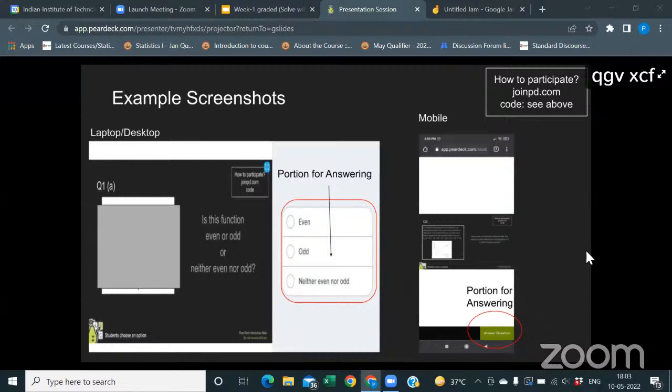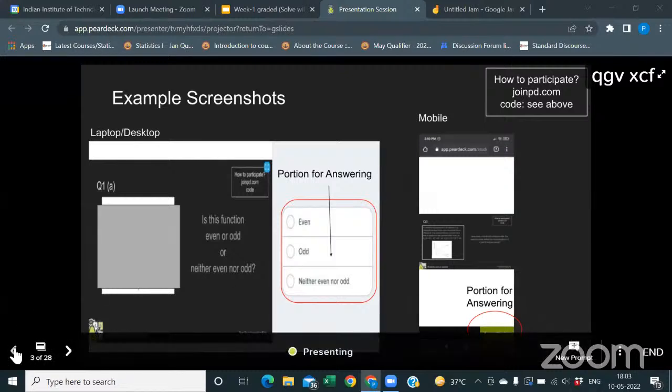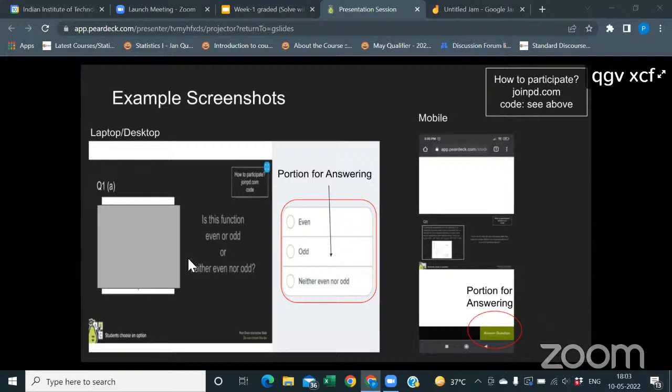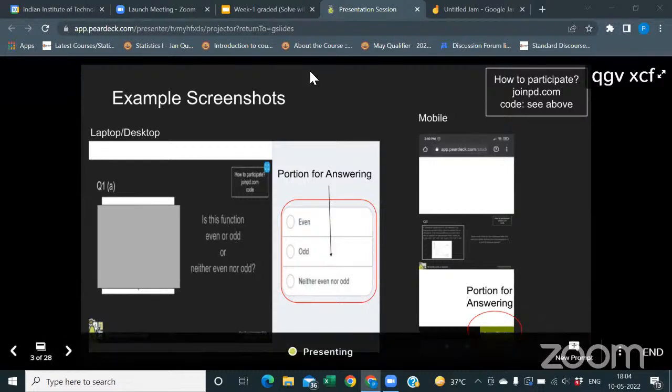It was written on the first slide, solve with the instructor graded. See, solve with instructor graded means this is the solve with us session. In this we have prepared the slides similar to the graded one. Whichever concepts are covered in graded assignments, you have to solve questions on them throughout the session, and you will get more idea about how to solve the questions of graded assignments and all things. Okay, got it?